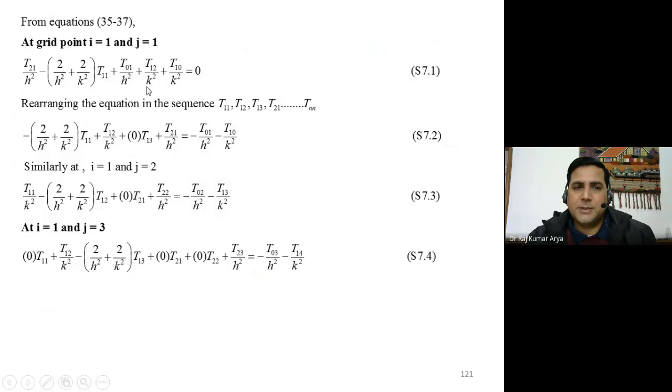So yes, sir, you wrote everything for I equal to 1: j equal to 1, j equal to 2, j equal to 3. Correct or not? Yes, sir. Now you change I equal to 2. For I equal to 2, again you write j equal to 1, j equal to 2, and j equal to 3.